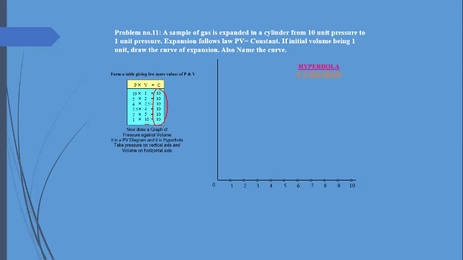Taking pressure and volume on two opposite sides or axes, here 1 to 10 and on the other side 1 to 10. Volume increases from left to right and pressure increases from bottom to top.